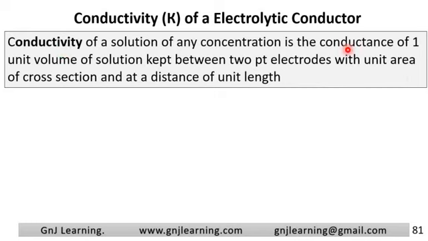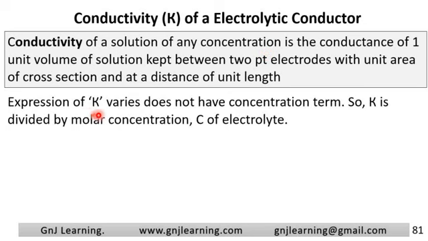Conductivity is equal to conductance when length is unity and area of cross section is also unity. It says nothing about concentration. So while expressing conductivity we should also mention the concentration. The expression of conductivity does not have a concentration term inside it.